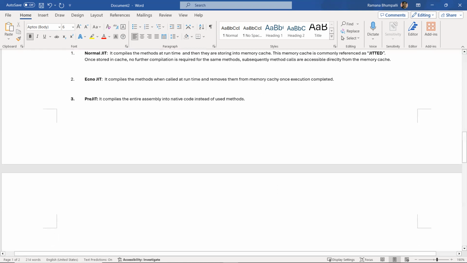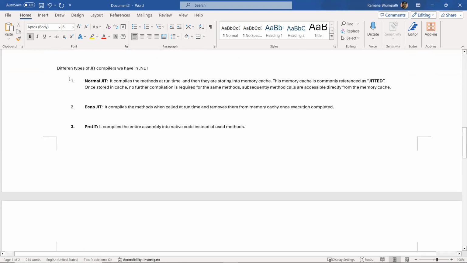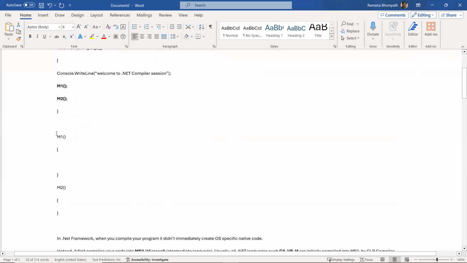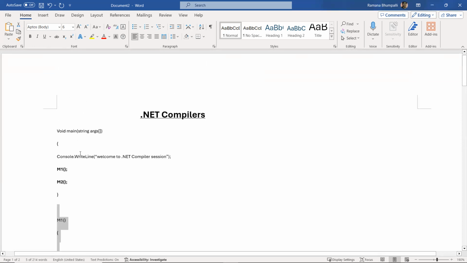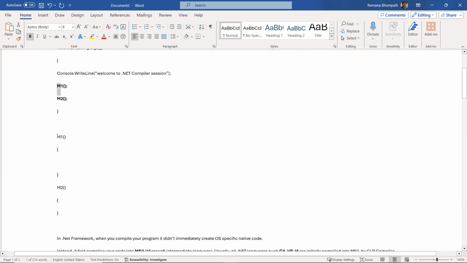If you look at these two, they are only compiling used methods. One compiles the methods at runtime and stores them in the memory cache. The other also compiles only methods, doesn't keep them in memory, and removes them once the execution is done. Even though I have two methods along with the main method, only when you call them will it compile these methods, keep them in memory, and remove them once the call is done.